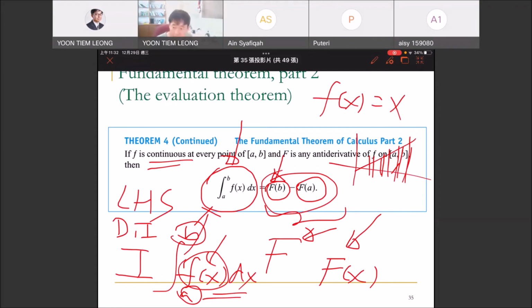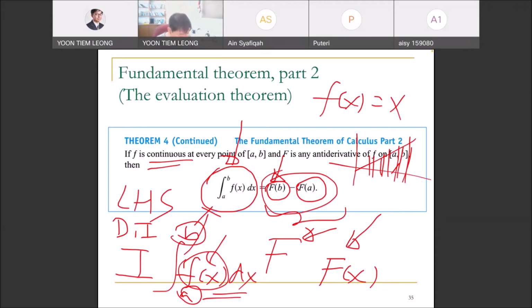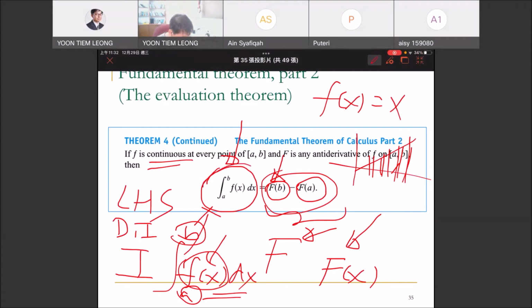But when you evaluate the definite integral on the left-hand side, this one, you are actually applying the fundamental theorem of calculus. So the fact that you can evaluate the left-hand side using the difference of the right-hand side is not straightforward, right?